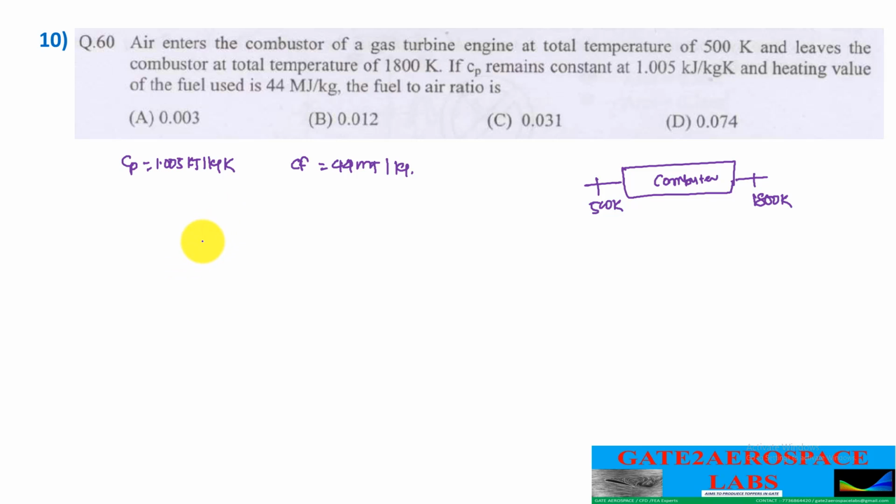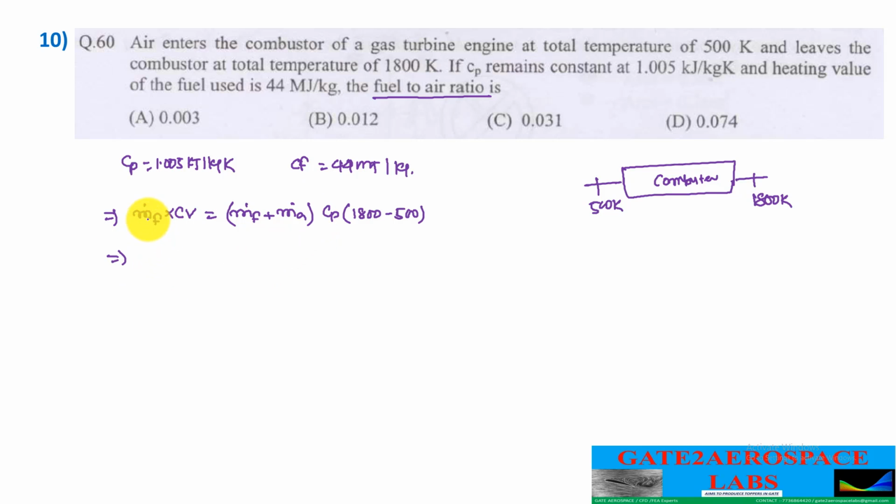Then we need to determine the fuel to air ratio. How to determine this? If you apply the energy balance in this system, then whatever energy you get from fuel, that is mf, mass of the fuel, into Cv, the calorific value of the fuel, that will increase the temperature of the gas. So that should be equal to mass of fuel plus mass of air into Cp, into the temperature increase of 1800 minus 500.